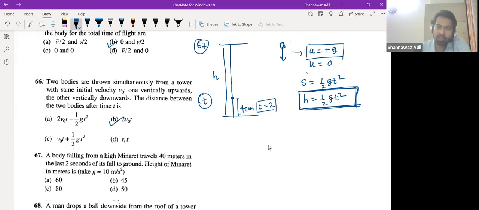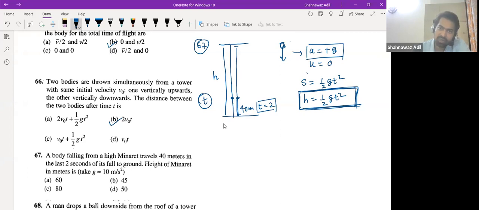So what would be this height? Sir, it will be 40. No, from here to here, this is 40, right? Sir, we can use the formula of h right here. So we can use that h is equal to half gt squared, but we don't know what is this time in here, right? So we have to find out what is the time at this place.